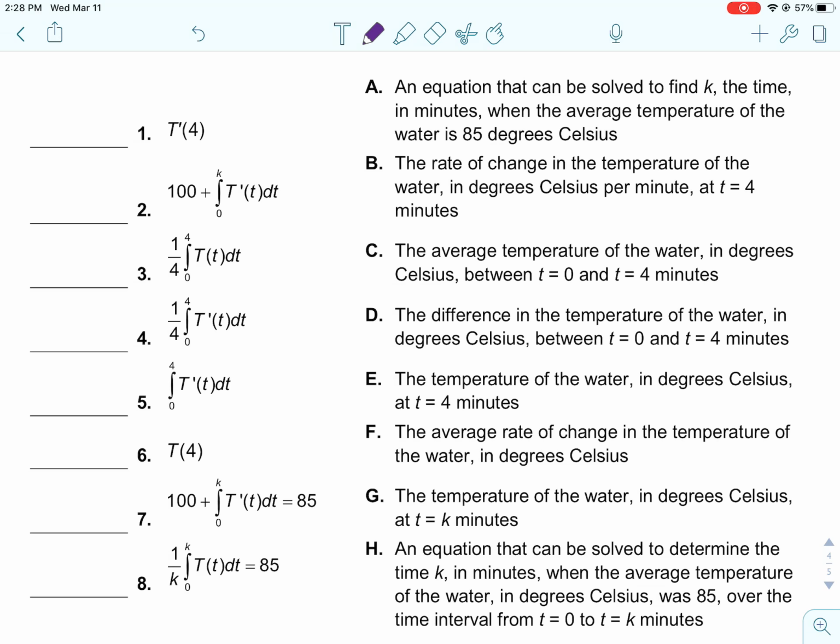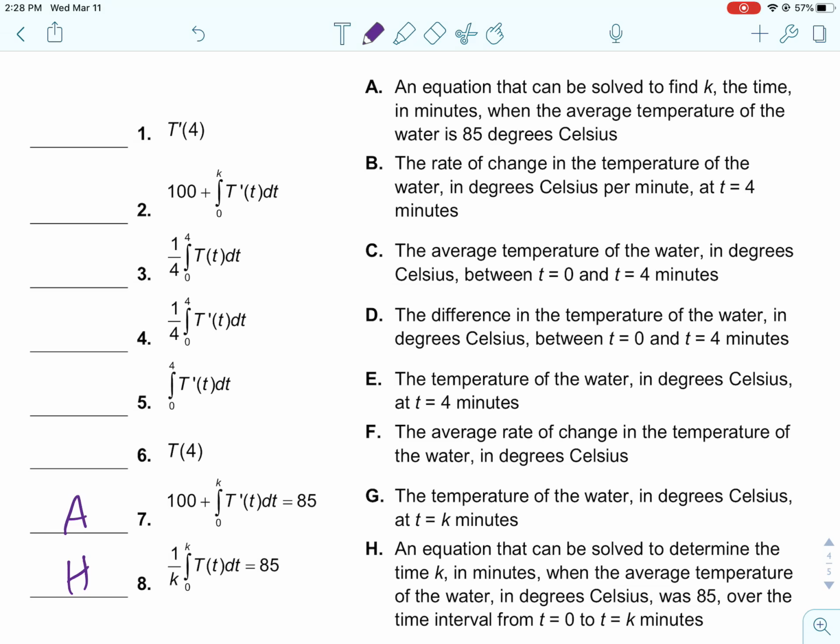They look identical. Which one would use 100? H. I'm pretty sure it's going to be 7. A. Yep, so this is A. Why? And this is H.